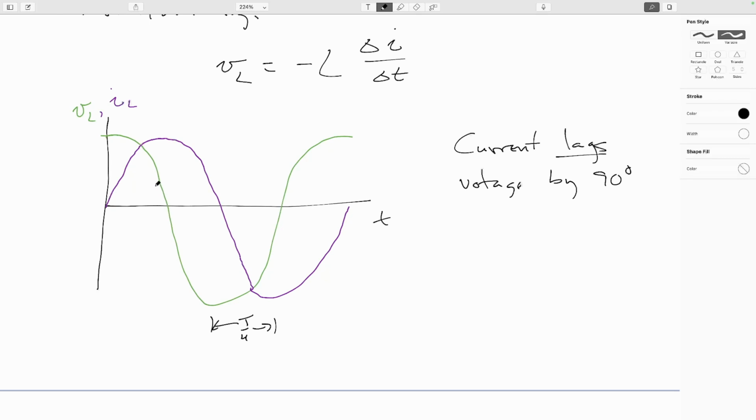Or say here, as I'm crossing 0 volts on the downswing, a quarter of a period later, the current will cross 0 amps on the downswing, and so forth. So this is the opposite. With capacitors, you would see the feature happen on the current first, and then the voltage. Here you see the feature on the voltage first, and then the current. So you say that the current lags the voltage by 90 degrees.